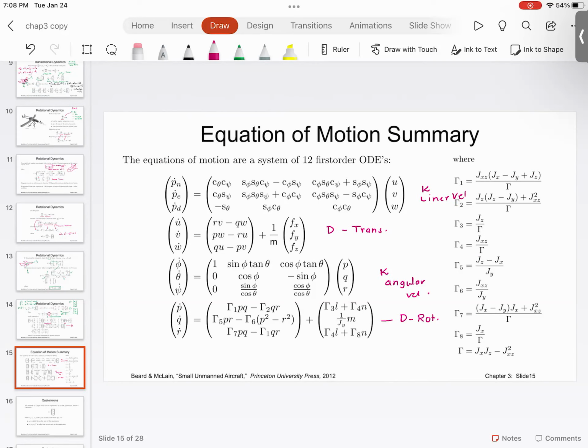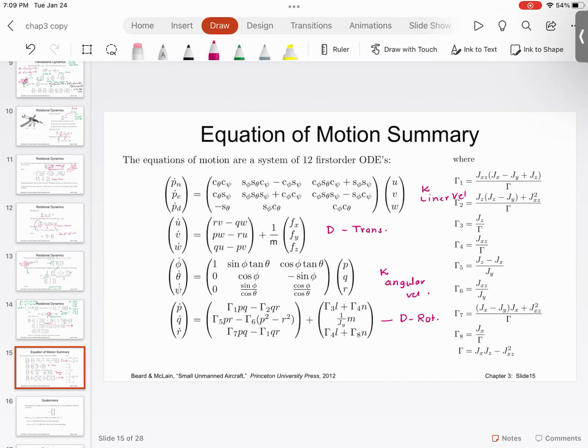For a given plane, there will be a thick, big book. You open that book and get all the parameters from the data book. At the back of our textbook, they have given the parameters for the Zagi, which is a fixed flying wing plane, and Aerosonde, which is again a flying wing plane. So basically, these are the 12 equations that we have to integrate to find out the aircraft dynamics.